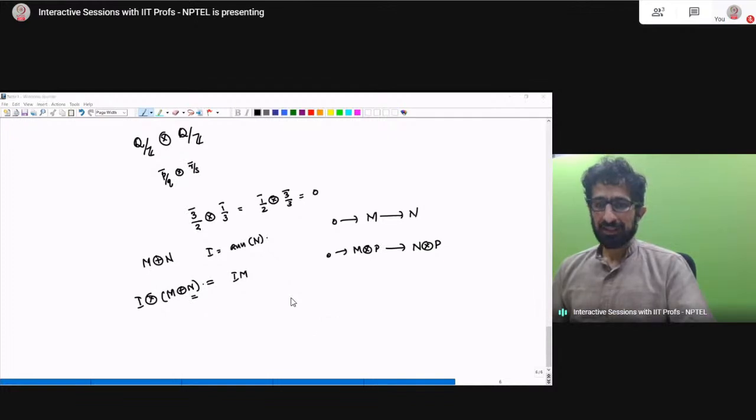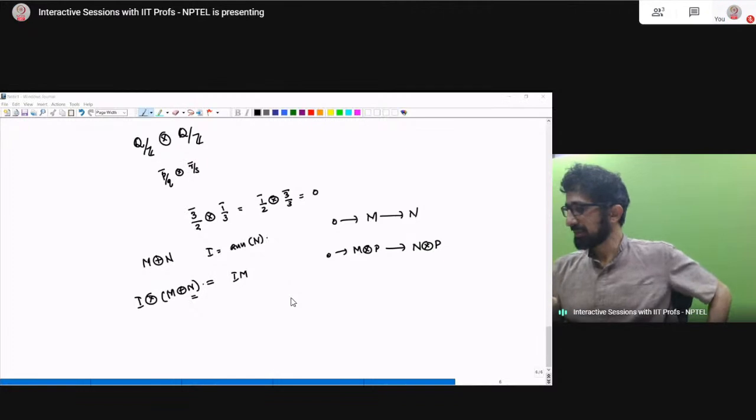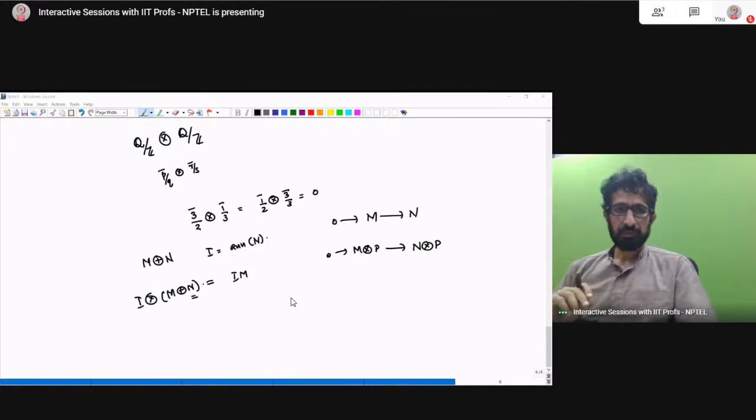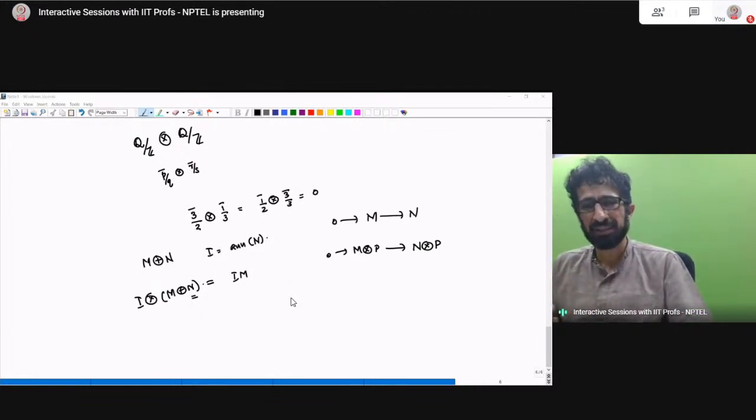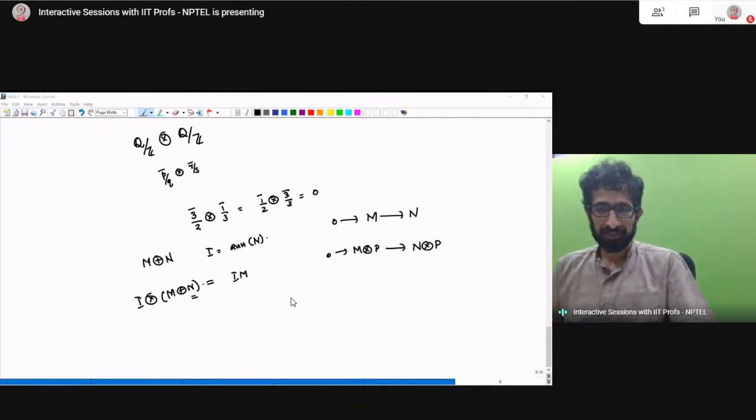In the higher algebraic aspects, there are a lot of them. Not all of them I can explain now, because it requires a lot of tools.